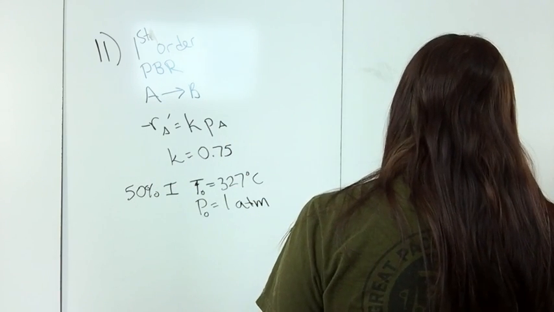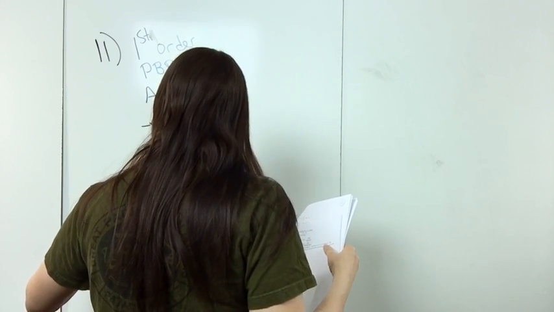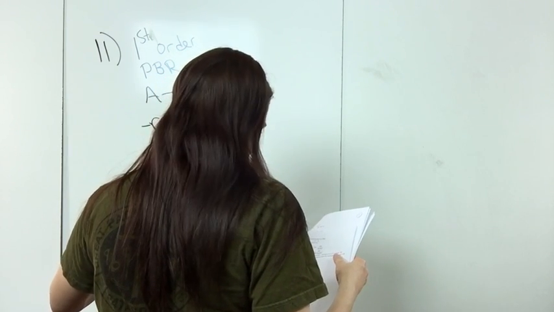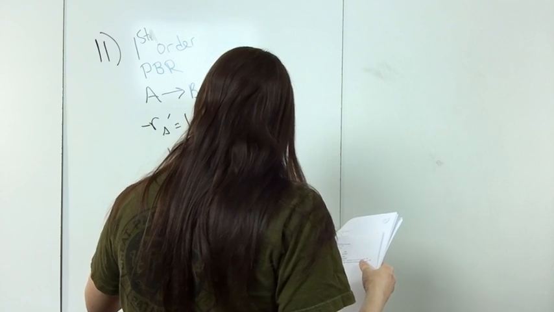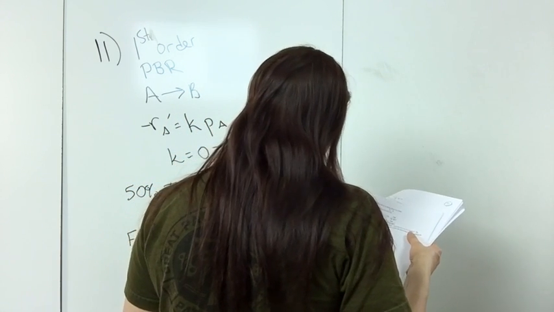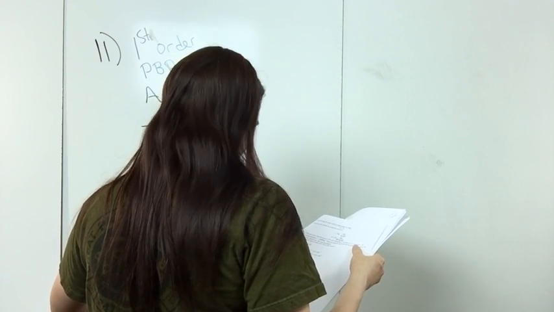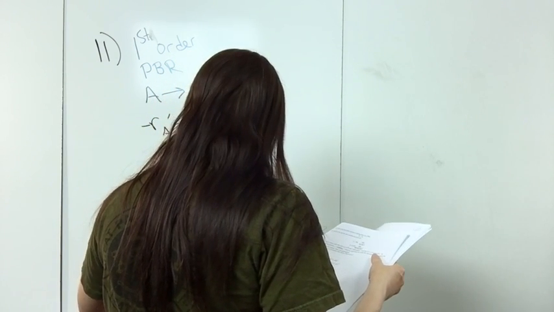It says the feed rate of A is 37.5 moles per hour, so FA naught is 37.5 moles per hour. The pressure drop parameter alpha is 0.0045 kilogram minus 1.